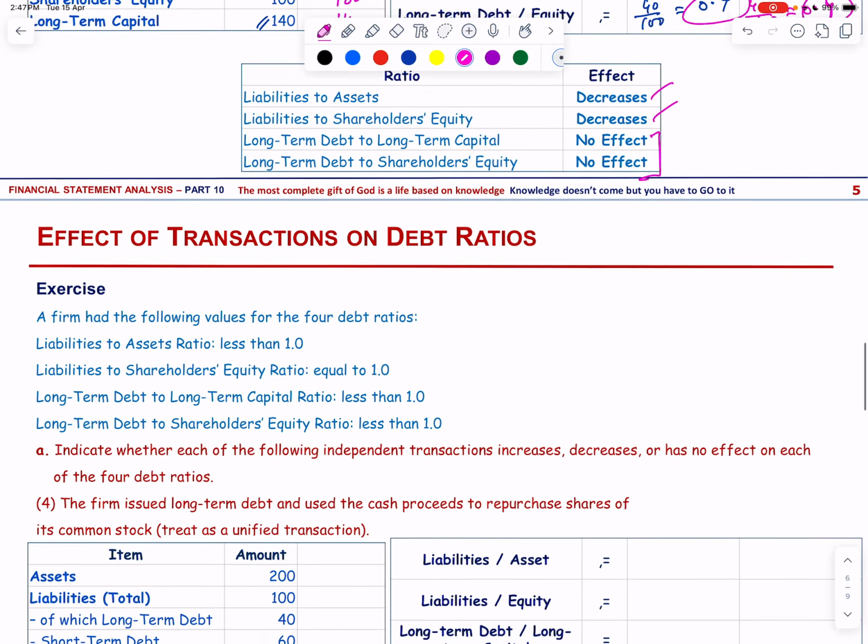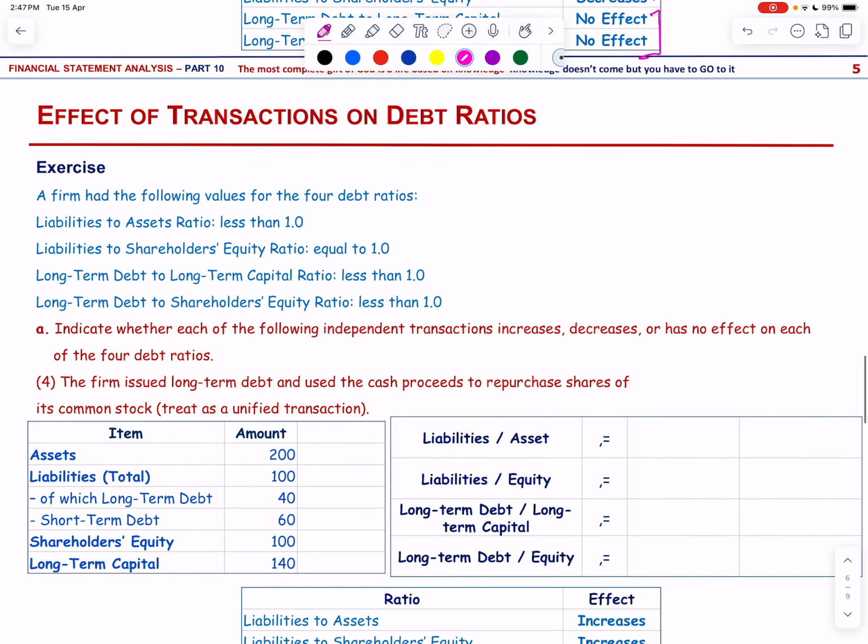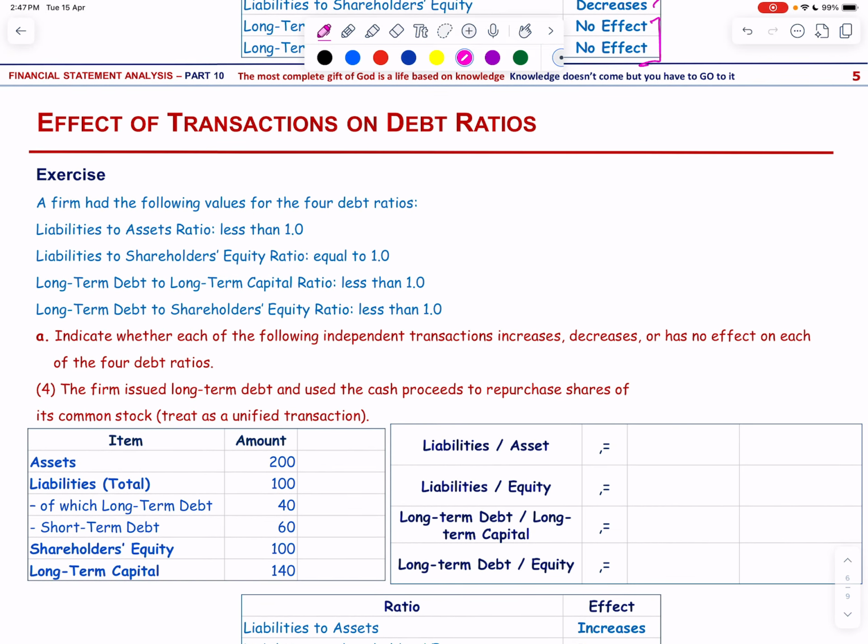We move on to the fourth situation where the firm issued long-term debt and used the cash proceeds to repurchase shares of its common stock, and we have to treat it as a unified transaction.